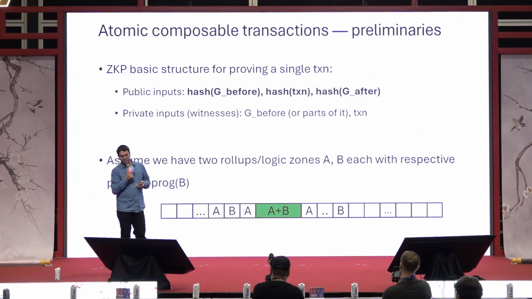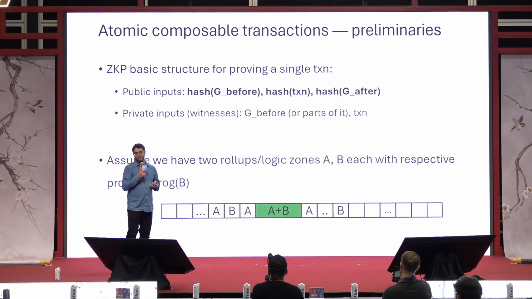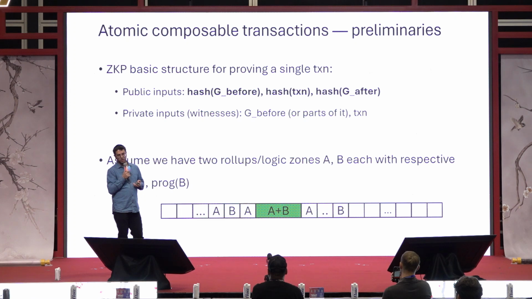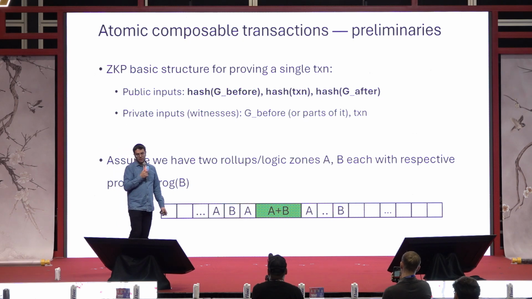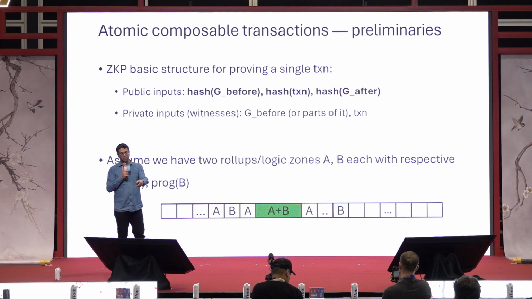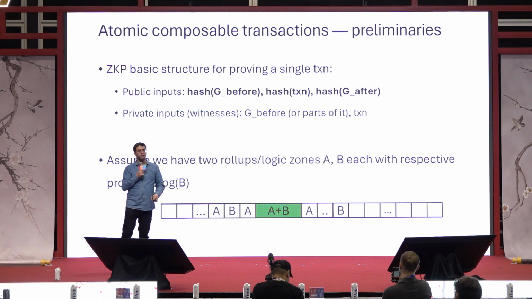And assume we have two rollups or logic zones, A and B, each with respective a prog. So this would be the sequencing of transactions. Most of them belong either to A or to B, but there's one transaction belonging to A and B, meaning the transaction touches both. I'll show you in a second.